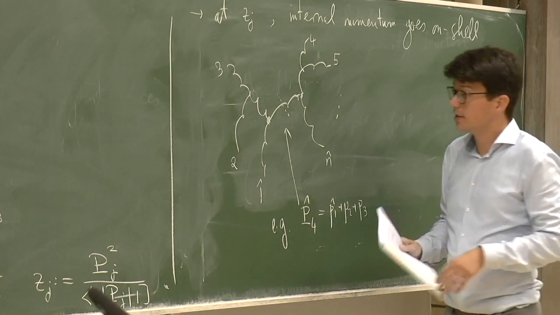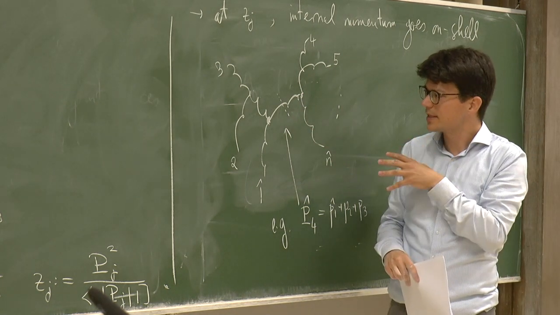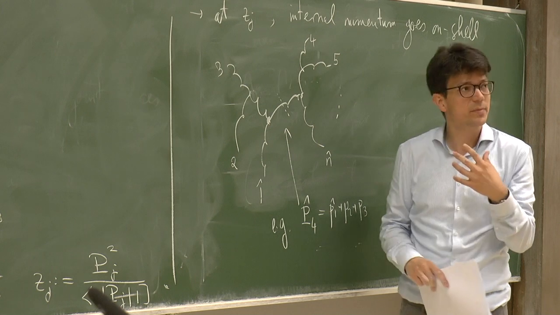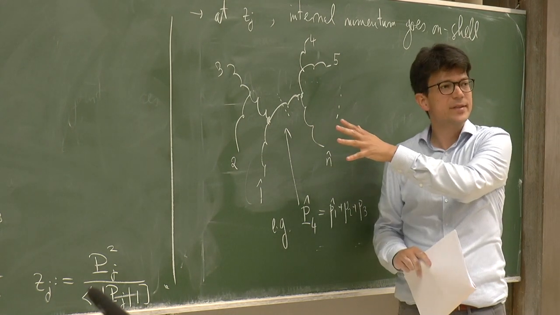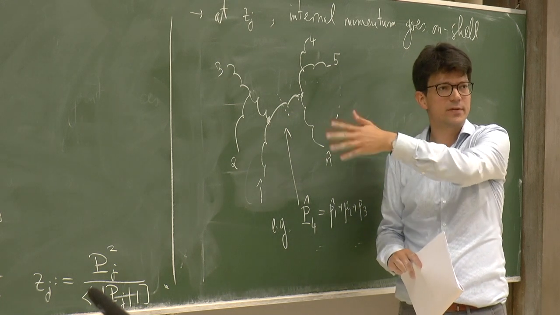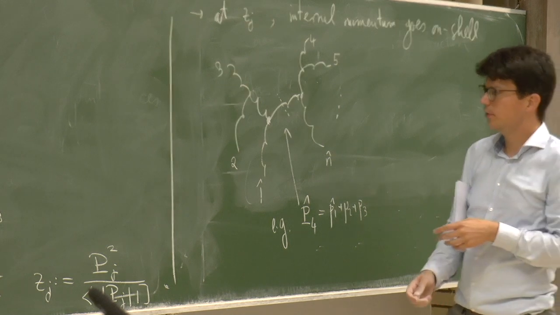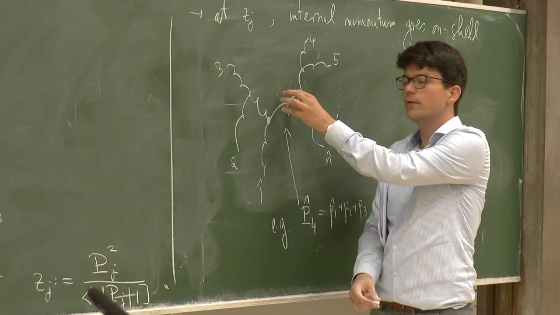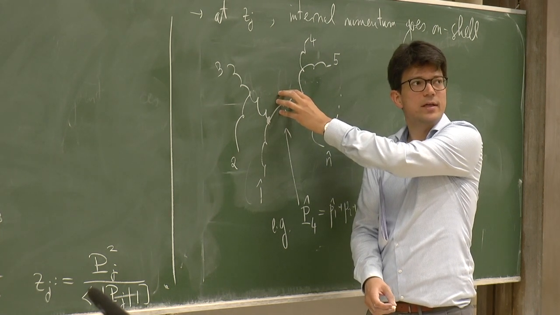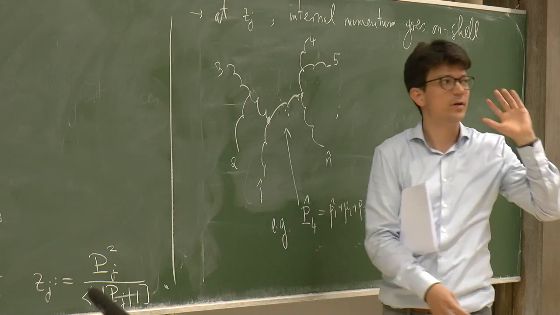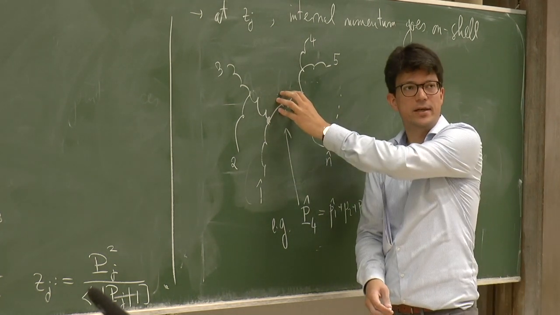Now this picture is kind of important to discuss a bit more because it allows you to realize something. First of all, this was just a sample diagram, and there are many more Feynman diagrams to draw. Now you can think of the following. You can hold that line fixed, the line that you want to go on shell, and draw all color-ordered Feynman diagrams, or rather imagine drawing them, that would have such an internal line.